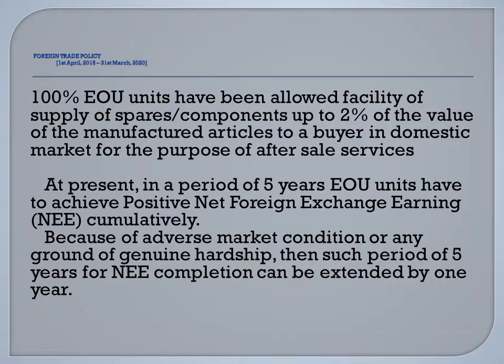At present, in a period of 5 years, EOU units have to achieve positive net foreign exchange earning (NEE) cumulatively. Because of adverse market condition or any ground of genuine hardship, such period of 5 years for NEE completion can be extended by 1 year.